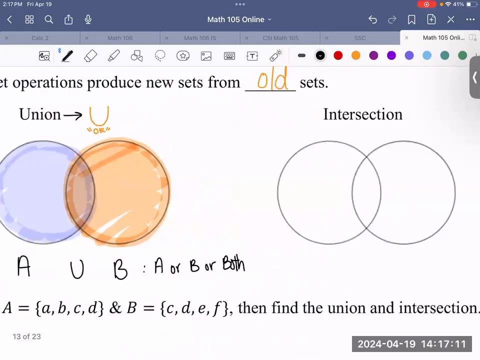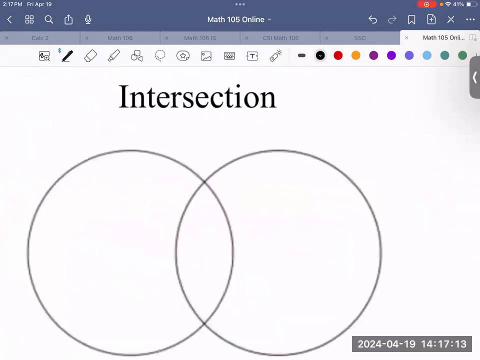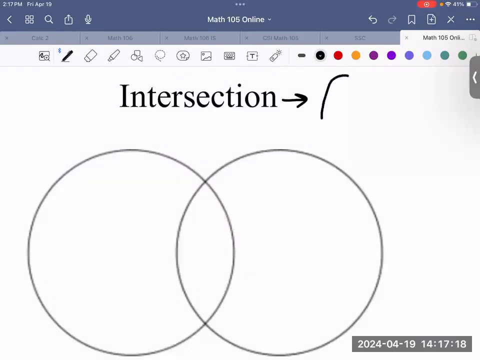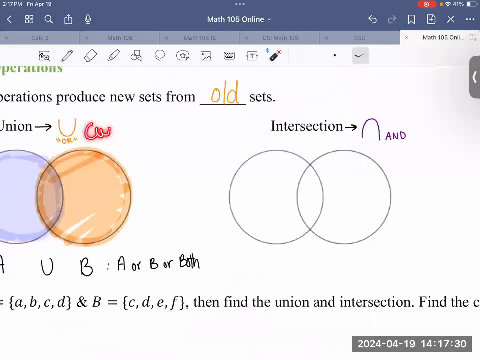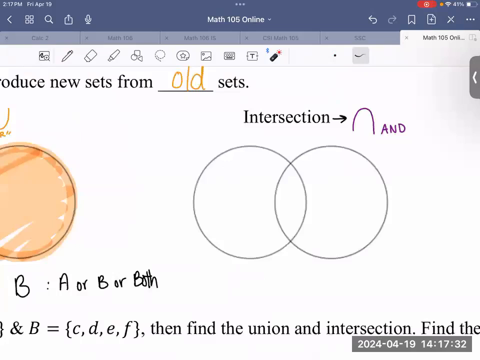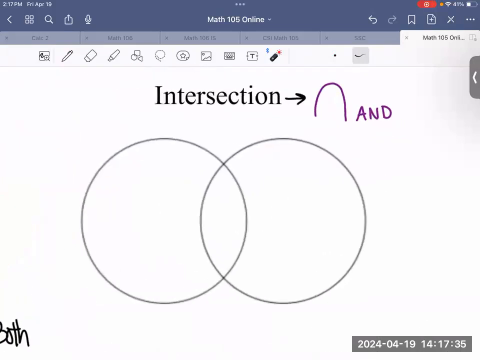Now, the opposite of a union is your intersection. The intersection, where do they meet? In the middle. This looks kind of like an N, and it stands for and. You can type in intersection or you can type in cap. The other one, I think sometimes you could write as cup as well for certain programs.